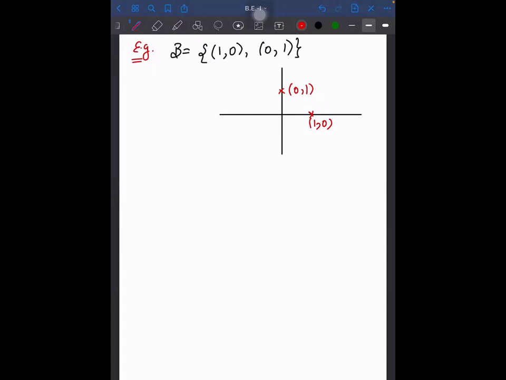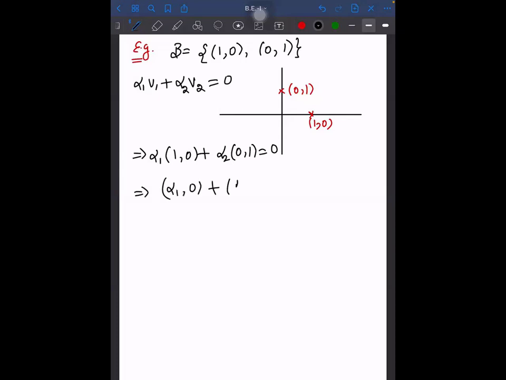Otherwise, you may also prove that. So let's say you call them V1 and V2. So you'll write alpha 1 V1 plus alpha 2 V2 should be equal to 0. Now, alpha 1 (1, 0) plus alpha 2 (0, 1) is equal to 0. So (alpha 1, 0) plus (0, alpha 2) is equal to 0.